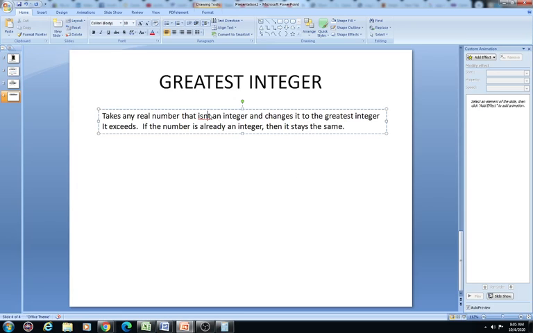Let me get this little apostrophe in here to make the computer happy. There we go. Takes any real number that isn't an integer and changes it to the greatest integer it exceeds.